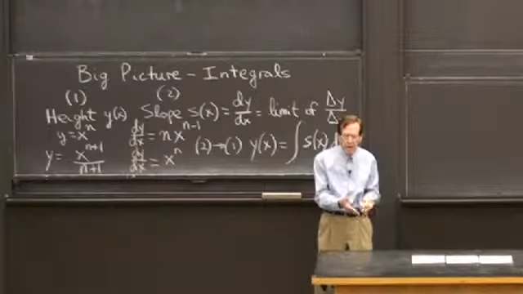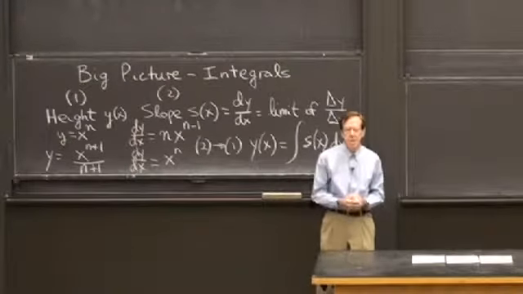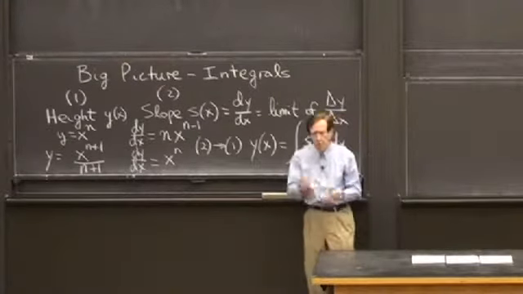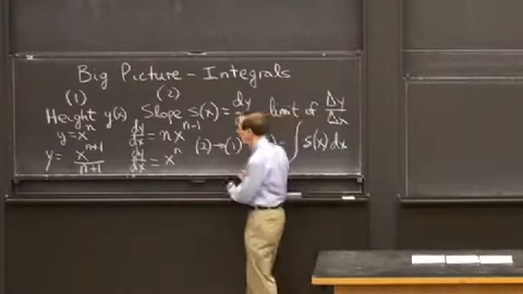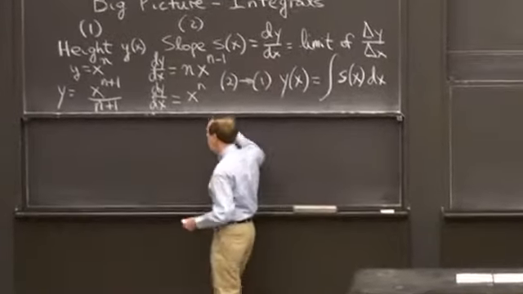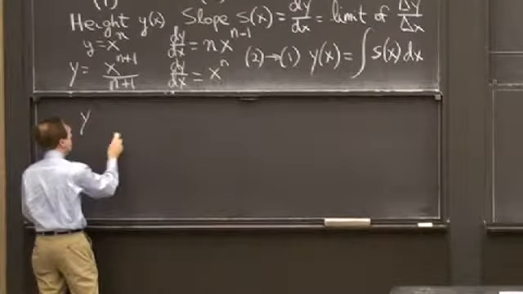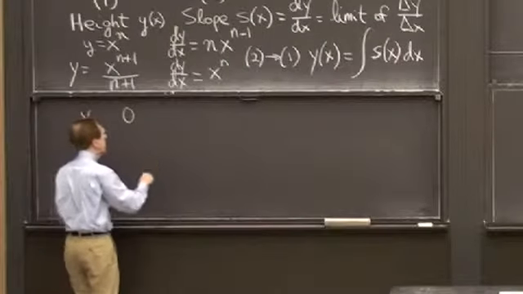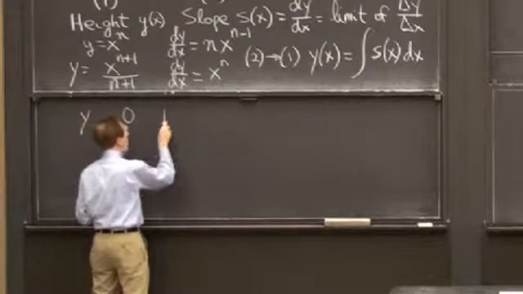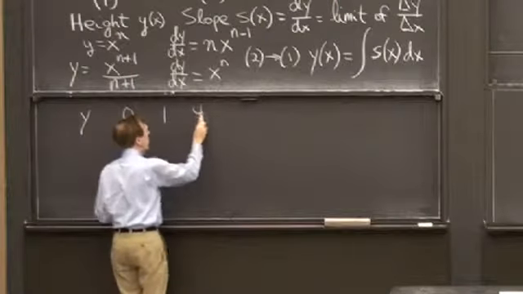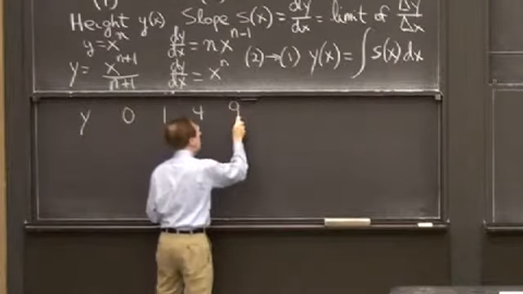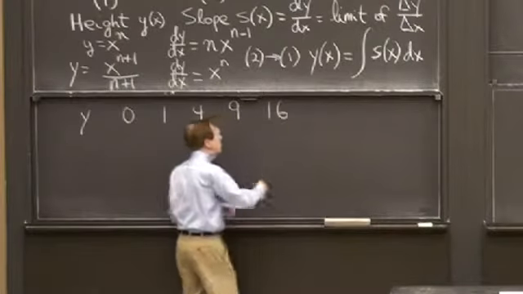And then in the limit, I'm taking continuous steps. Okay, so first, big steps. So let me put down, for example, suppose I have y's stepped up like 1, 0, 1, 4, 9, 16, whatever.